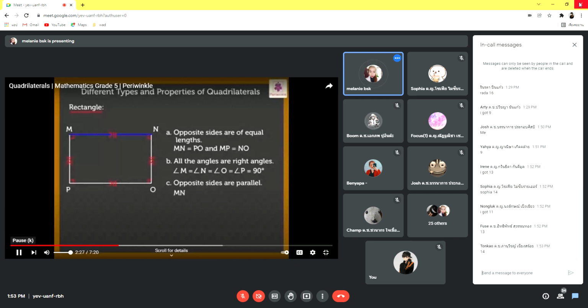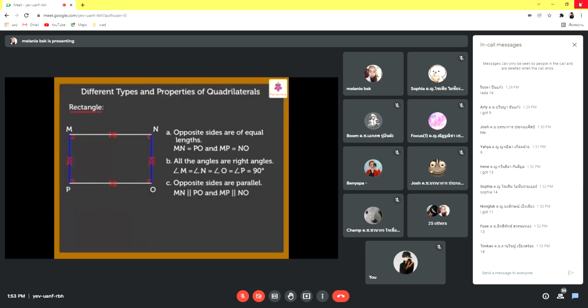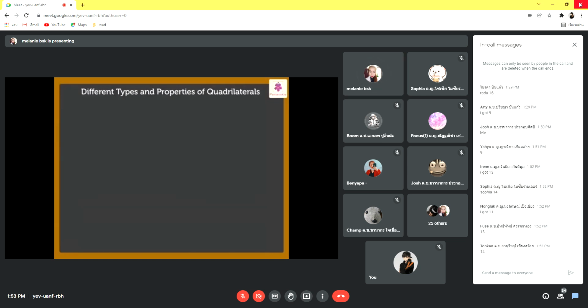MN is parallel to PO and MP is parallel to NO. Coming to a parallelogram. Look at the parallelogram TQRS. A. Opposite sides are of equal lengths. That is, TQ is equal to SR and TS is equal to QR.